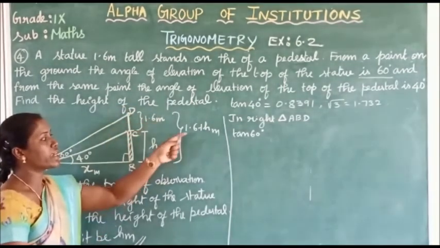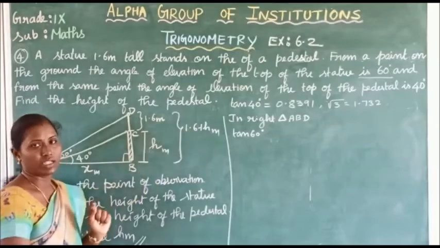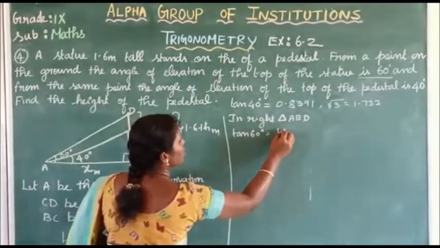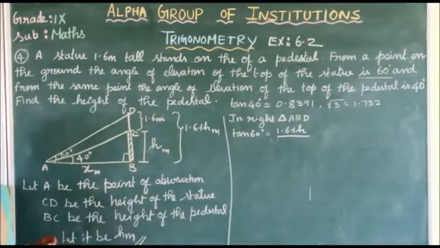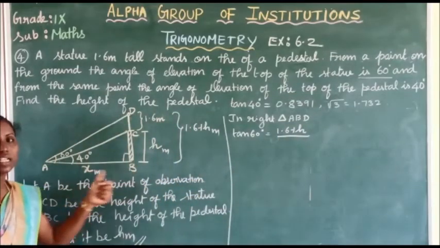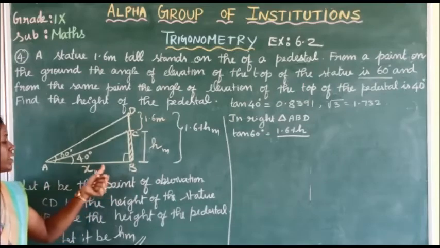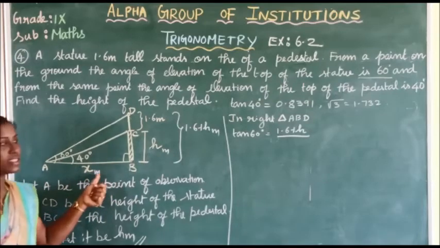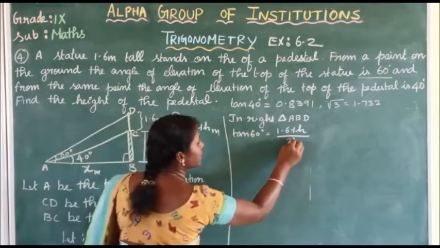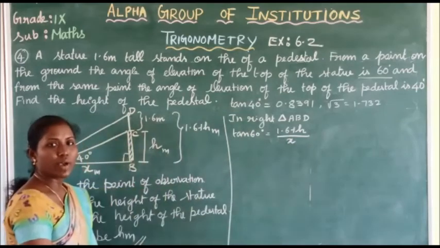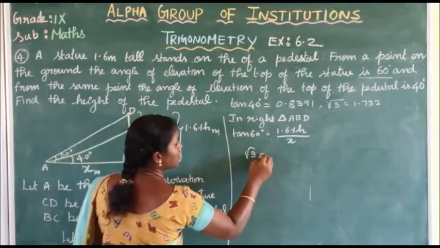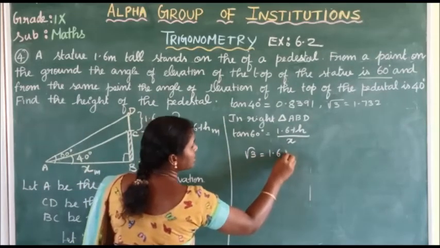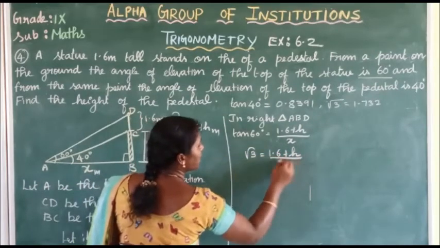The adjacent side is AB, which we have taken as x. So 1.6 plus h by x. What is the tan 60 value in the table? Tan 60 is root 3. So root 3 is equal to 1.6 plus h by x.